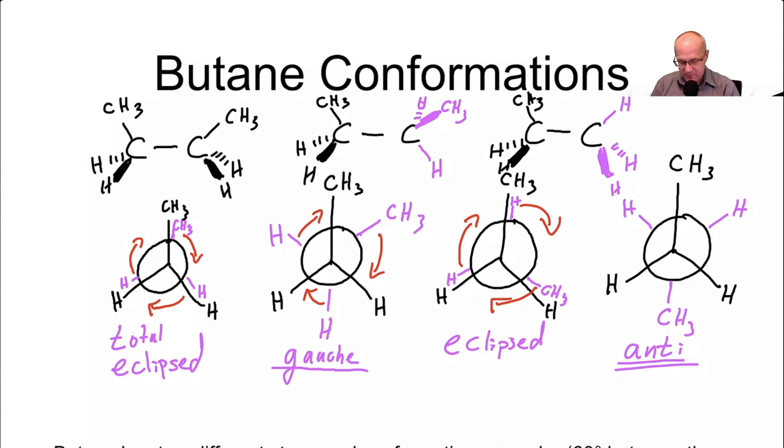Now let me try to find room to draw this. I'm not sure where I'll find the room, but I'll do my best. I'll draw it down here. Carbon, carbon, CH3. Hydrogen forward, hydrogen backwards.